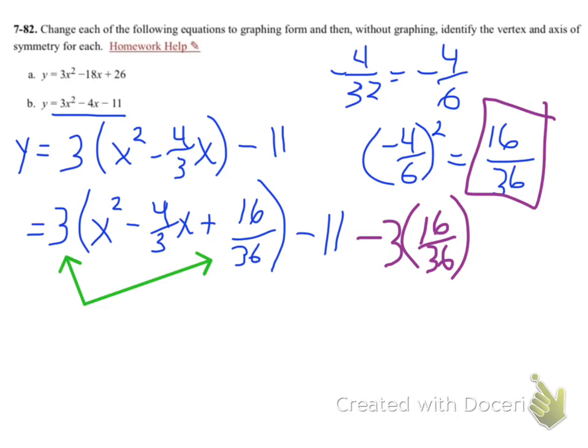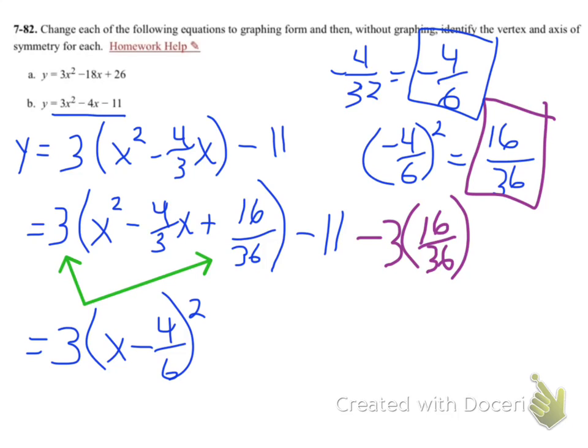So now, my next step here is going to be 3 times my perfect square. My square is going to have side lengths of negative 4/6. So I have x minus 4/6, squared. There we go. That is now my perfect square.